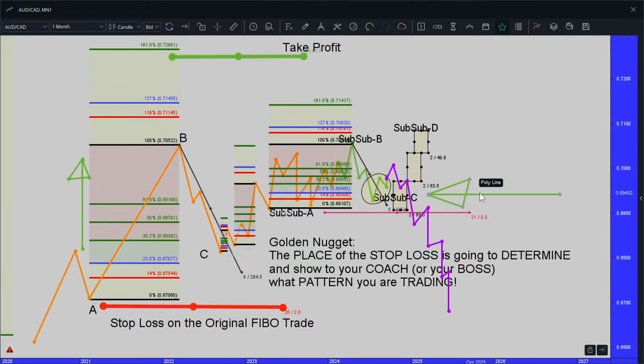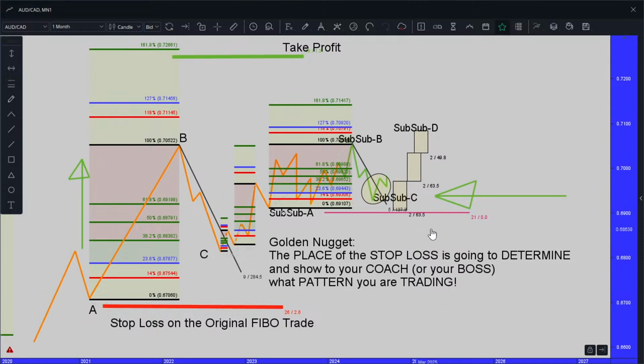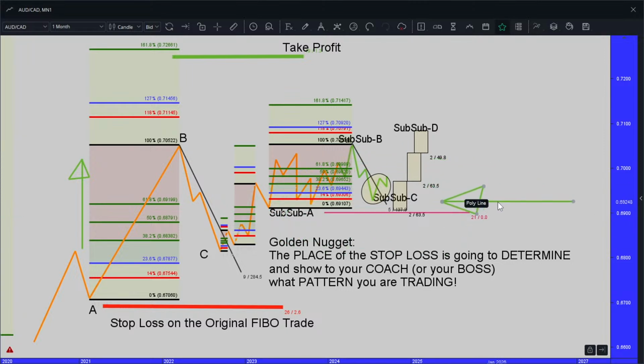If you are scared of the market stopping you out on the sub A, well, stay out of the market. Agreed, everybody? You don't need to trade everything and anything.